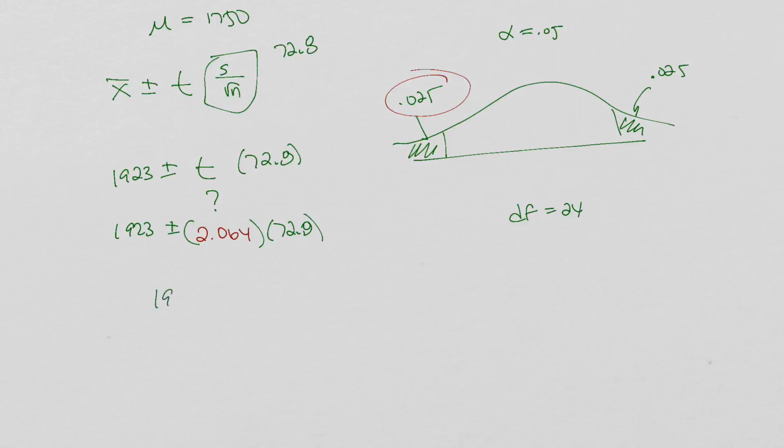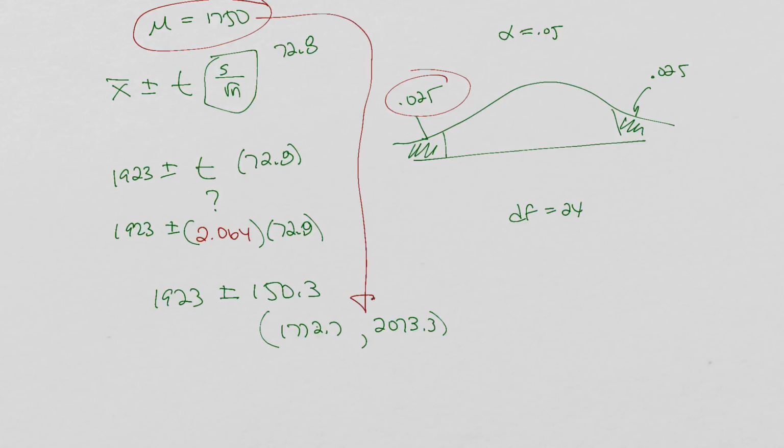If you multiply those two numbers together, we get 150.3. If we add 150.3 to 1923, we get 2073.3, and if I subtract it from 1923, I get 1772.7. Remember, their claim is that mu is 1750.